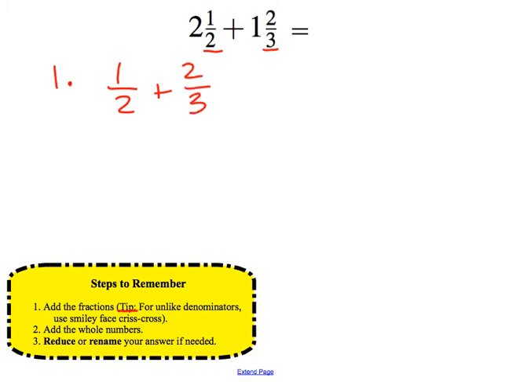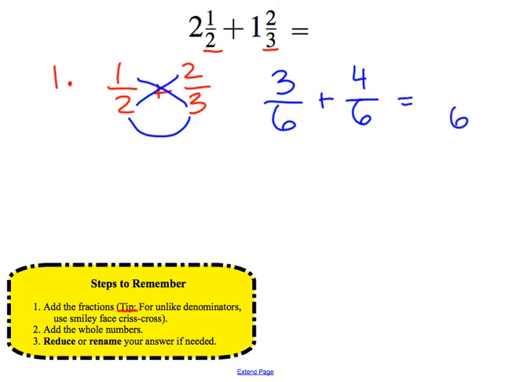Using our smiley face crisscross, we're going to start with the smiley face. 2 times 3 is 6. And we're going to criss. And we're going to cross. And we are going to add. So our denominator stays the same. Our numerators, we have 3 plus 4 is 7.